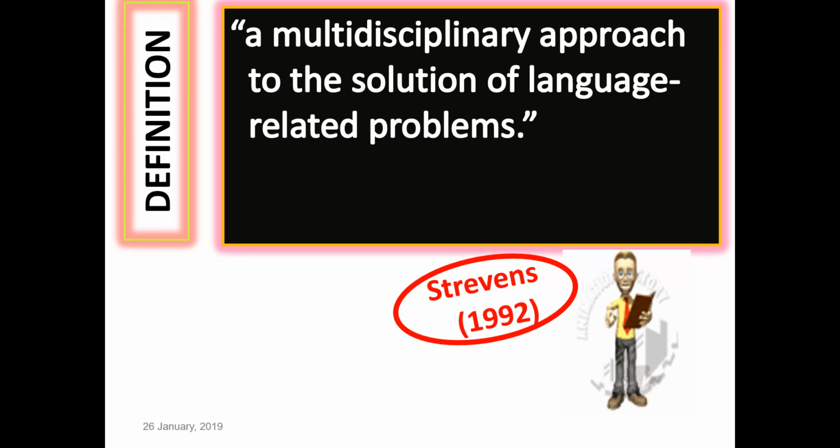In applied linguistics, we find the area of error analysis, and topics from psycholinguistics, sociolinguistics, forensic linguistics, even language teaching, second language education, and planning. So applied linguistics draws ideas from multiple disciplines. That's why this is a multidisciplinary approach.